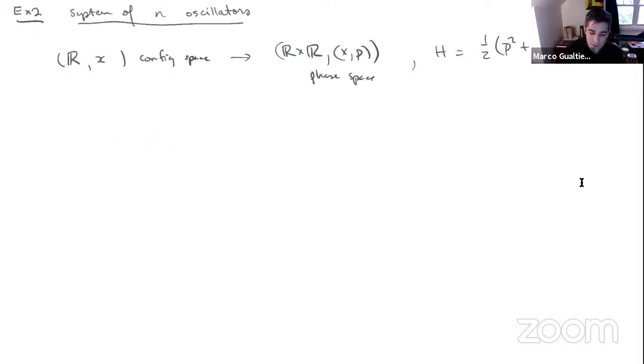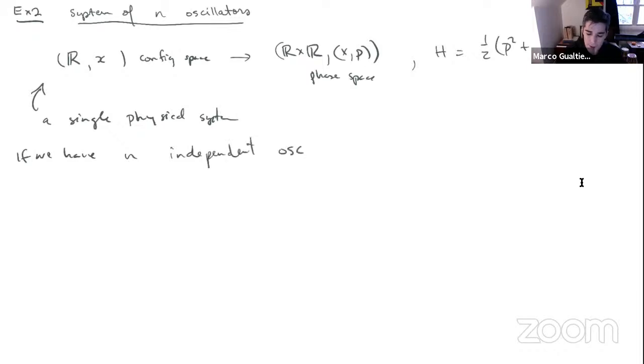So this describes a single oscillator, a single physical system. Now suppose that I have n independent oscillators. Then how do we go from this to the full system?